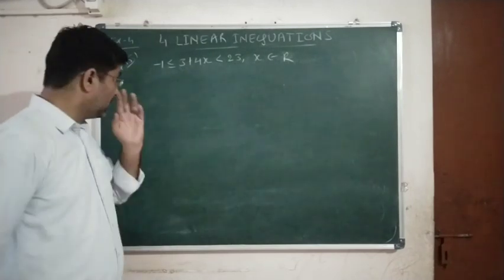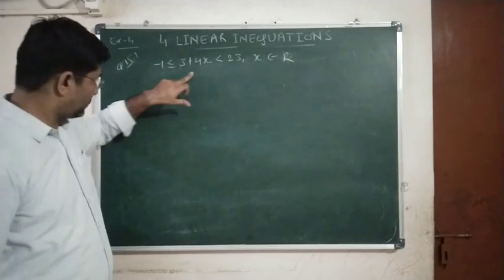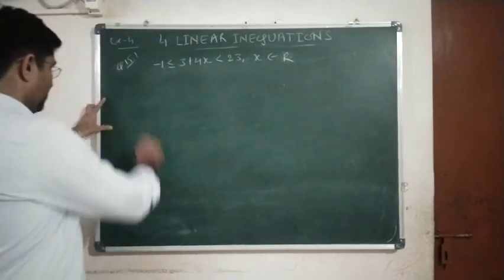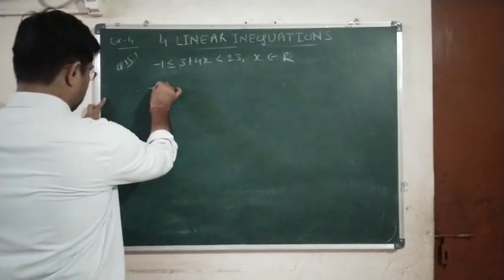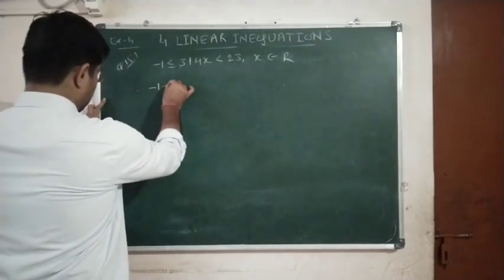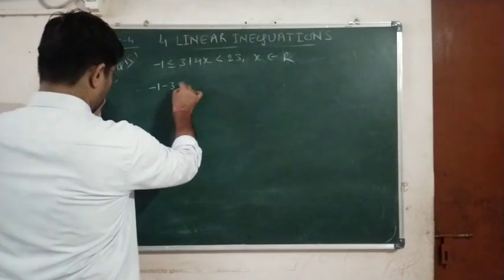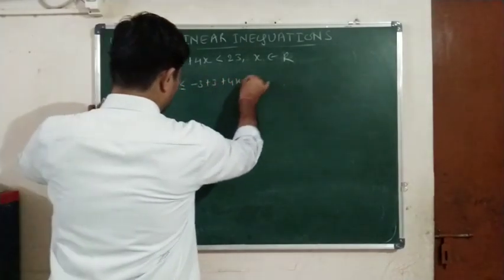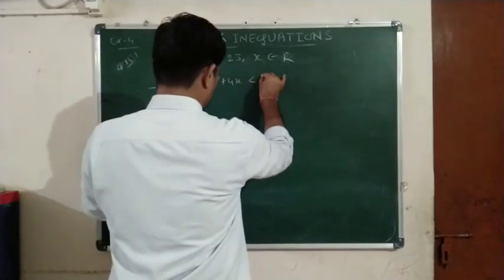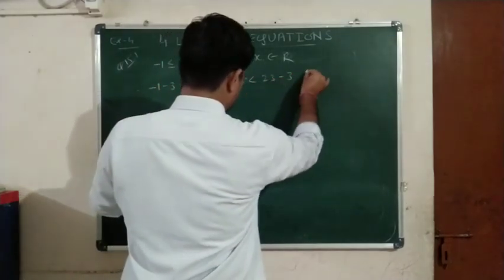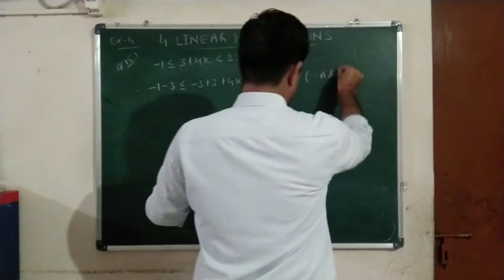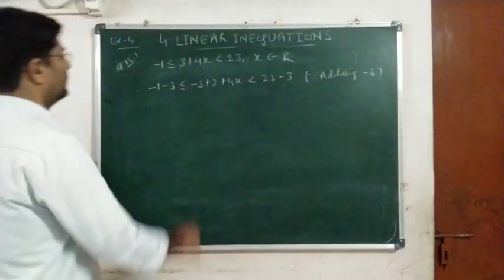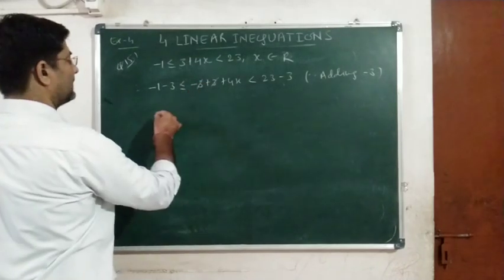How to solve? Let us make x single. So first we will remove 3, so we will add minus 3. So minus 1 minus 3 is less than or equal to minus 3 plus 4x is less than 23 minus 3, since adding minus 3. So minus 3 will get cancelled.